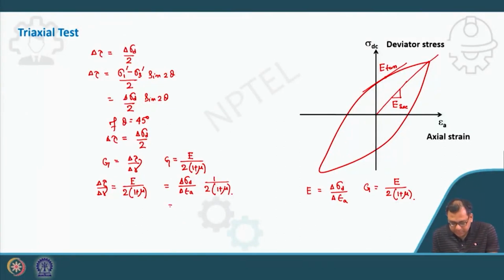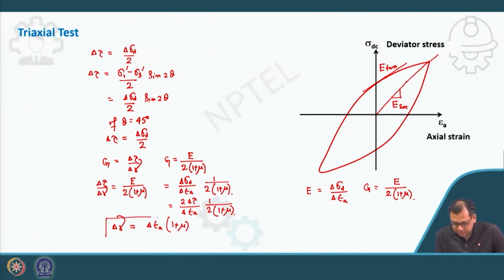Now my deviator stress is 2 tau. So deviator stress is 2 tau divided by axial strain, times 1 by 2 times 1 plus mu. So this tau will cancel, and finally I can write that the shear strain is equal to axial strain into 1 plus mu.